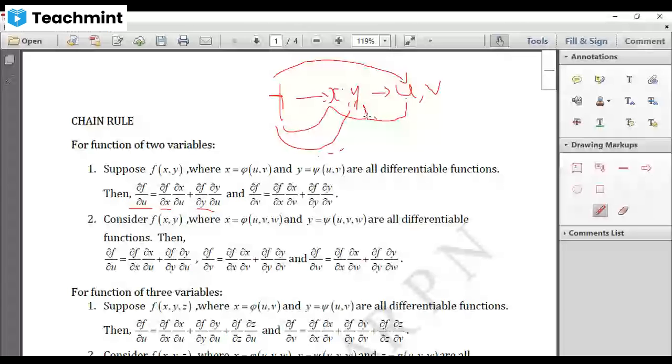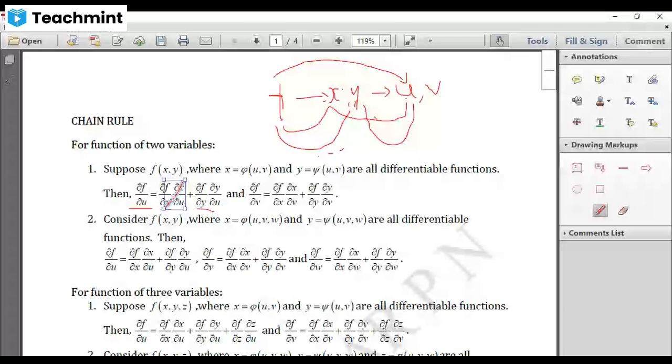While differentiating f with respect to y, you keep x as constant, and while differentiating y with respect to u, you keep v as constant. That gives you the partial derivative of f with respect to u. See, if you cross this, what do you get? Dou f, dou u, same thing.